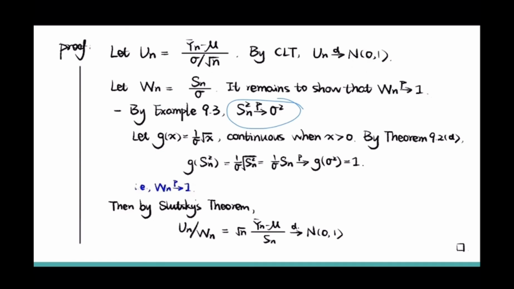If I have a g of x defined as the square root of x divided by sigma, we want to figure out g of the sample variance, which means wherever I see x, it's going to be replaced by the sample variance.